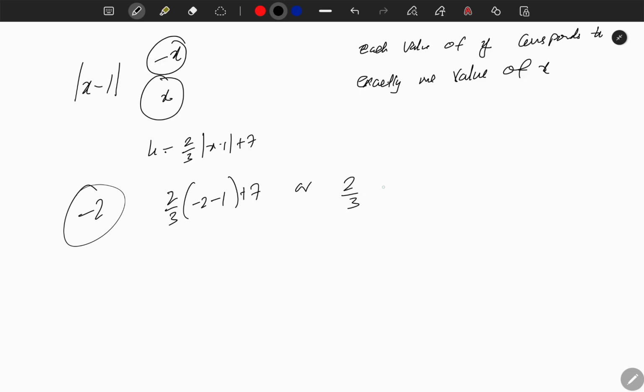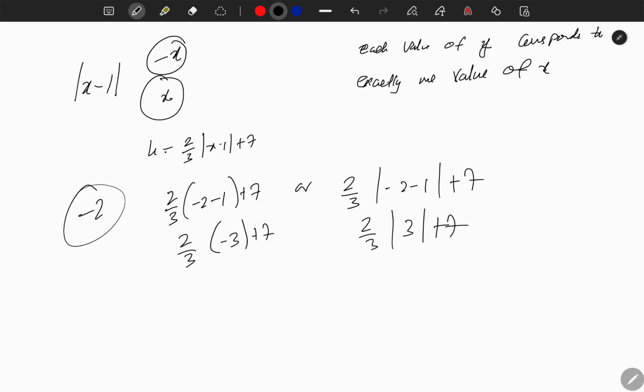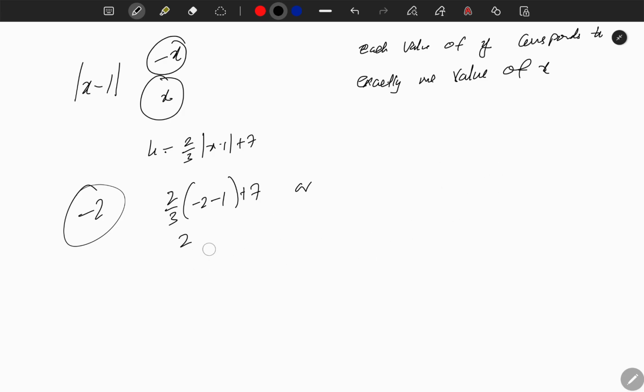Or I can say 2 over 3 with the positive part. Now, take note, a modulus will always have a positive and a negative part, so everything here can be negative or positive. Here I'm going to get 2 over 3, but this one will still remain negative. But here it will be 2 over 3, and this will still remain positive. This is why we are saying you are getting 2 different values of h. Because of that, it cannot have an inverse.